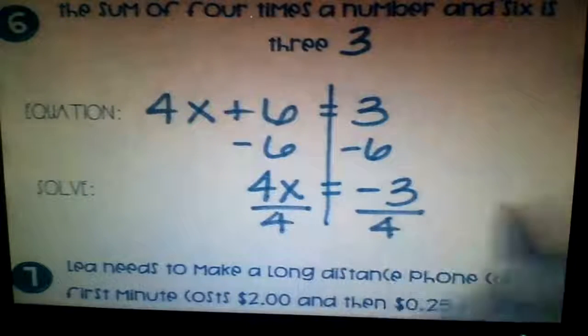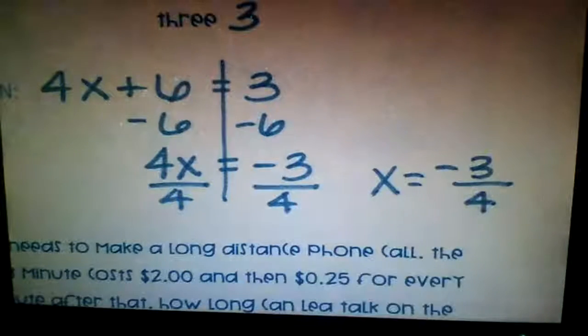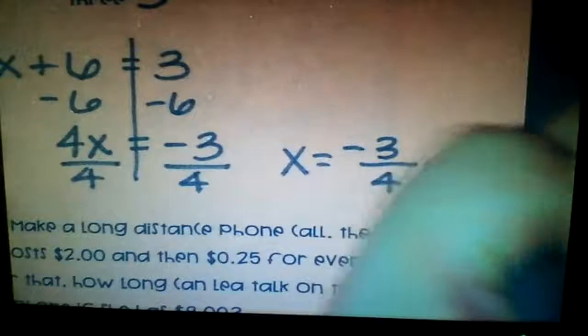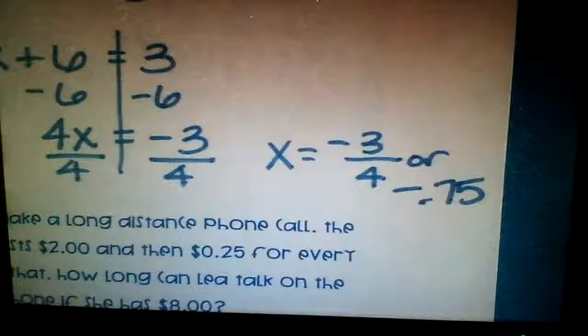Let's leave this one as a fraction. So x is going to equal negative 3/4. You could also do this as negative 0.75. 3/4 is 0.75. Think about it. 4 quarters. 3 of them is 75 cents.